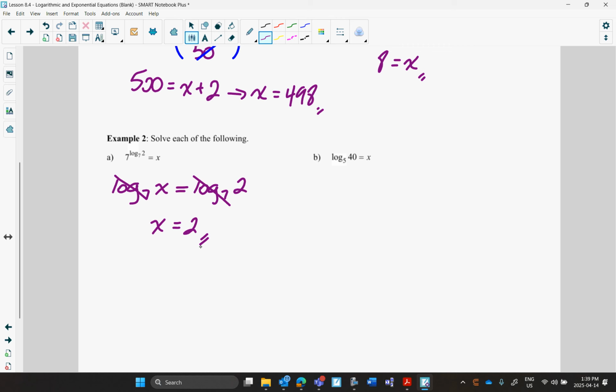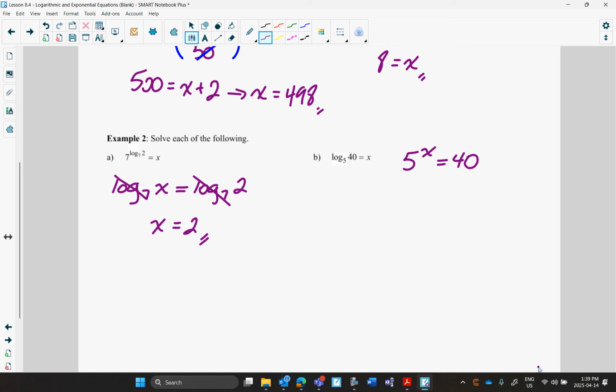How about this one? Well, I could try exponent form. Exponent form is 5 to the x equals 40, but I don't know what 5 to the what equals 40 is. I know 5 squared is 25. 5 cubed is 125, so it's 2 point something.